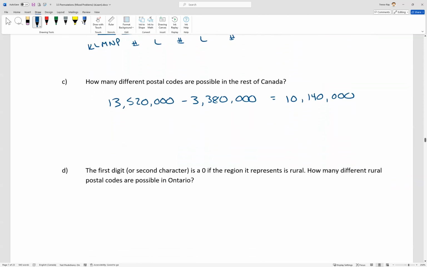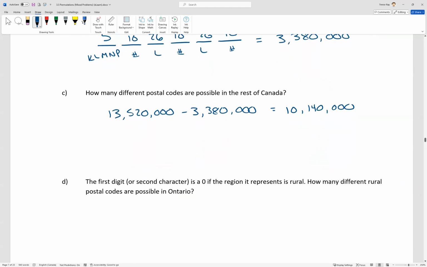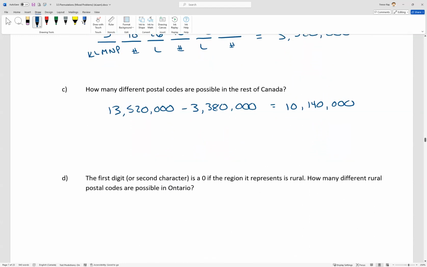And finally, the first digit, or second character, is a 0 if the region is rural, so not urban, not a city. How many different rural postal codes are possible in Ontario? I'm just going to bring this down a little bit so I can see the Ontario information again. So this still has to be a K, L, M, N, or P. This has to be a 0.